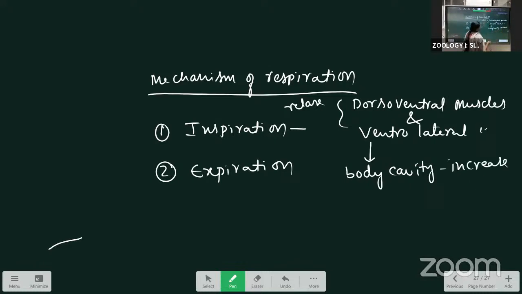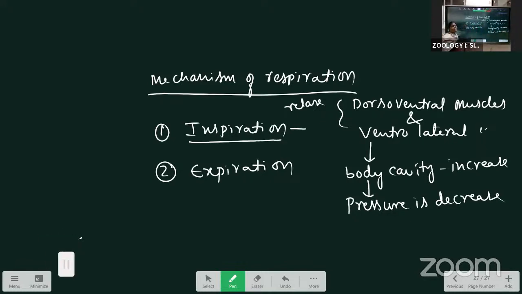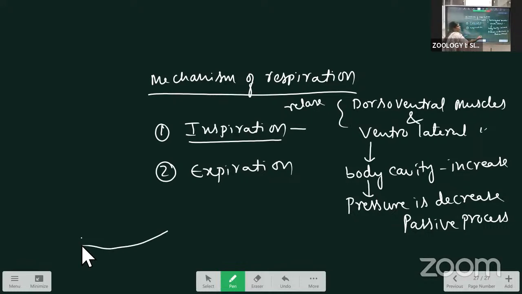Body cavity increase means the pressure automatically falls or decreases. Because the pressure is decreased, air comes in through the spiracles. That process is called inspiration. This is a passive process.